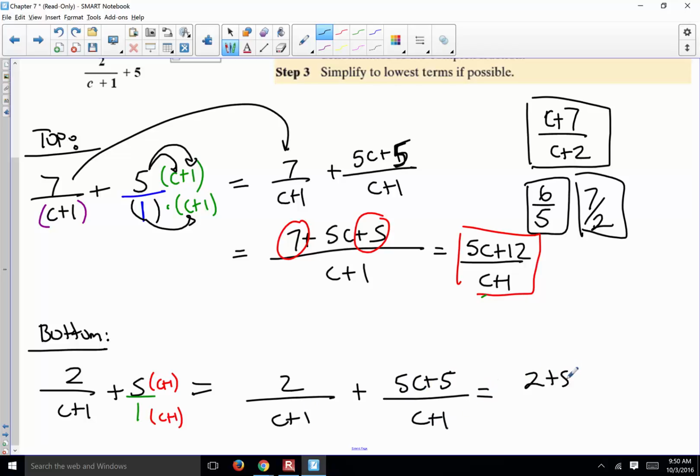Add the tops. 2 plus 5c plus 5 over c plus 1. Just copy one of the denominators. That is 5c plus 7 over c plus 1. This is the bottom.